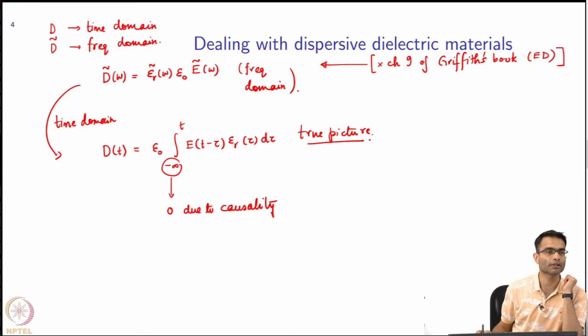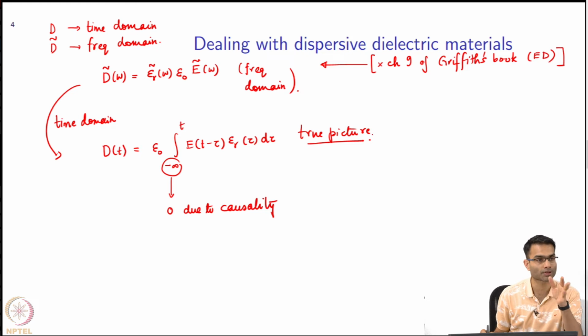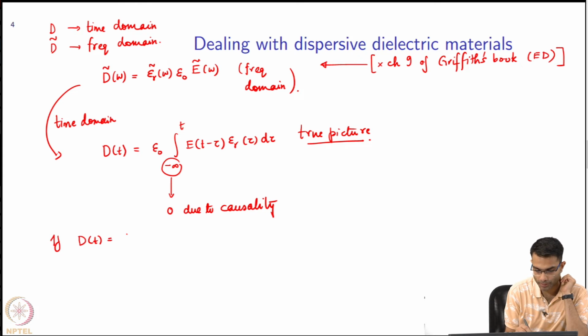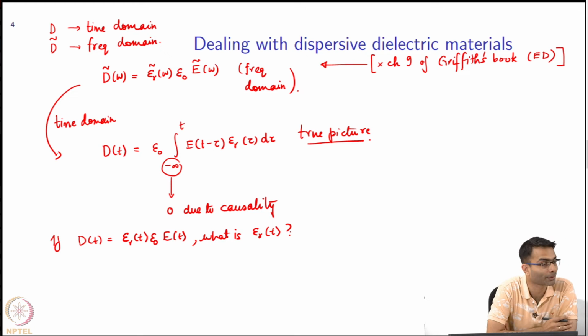So when we have naively been writing that D of t is equal to epsilon E in the time domain, what does it imply? What kind of epsilon satisfies that? So if D of t is equal to epsilon_r(t) epsilon 0 E(t), under what condition will I get this very simple relation?